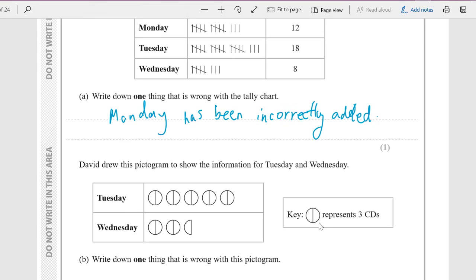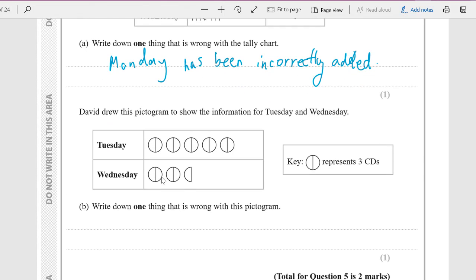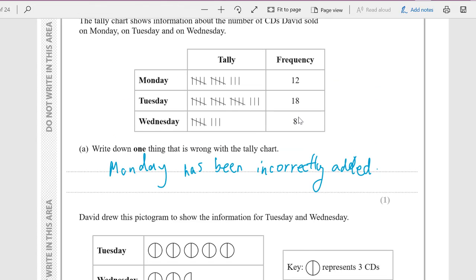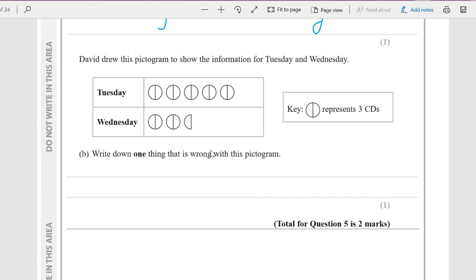So this is your key. This represents 3 CDs. So let's calculate them. Start with the smallest one. So 3, 6, and 1.5. Well, that's going to give us 7.5. But on Wednesday it was 8. So obviously that's wrong.